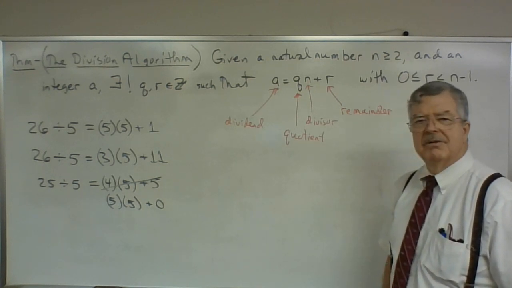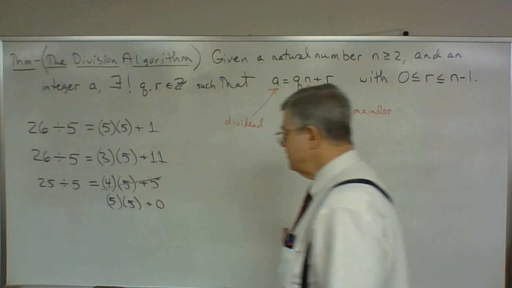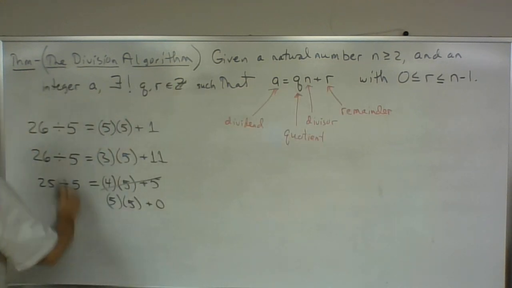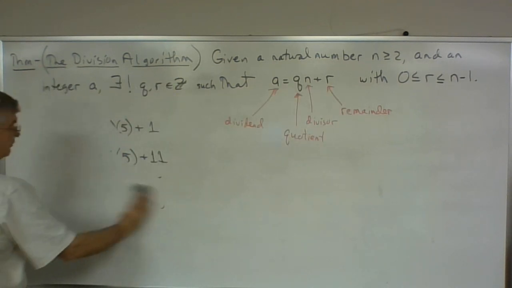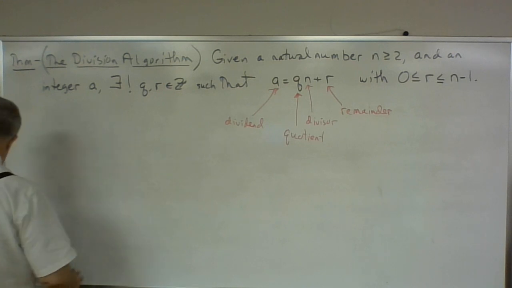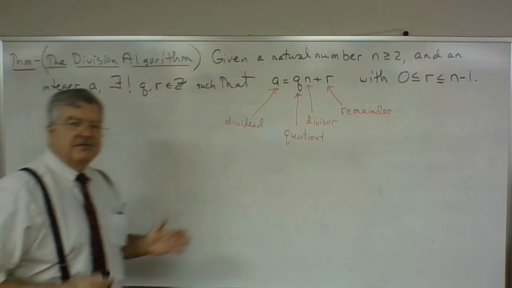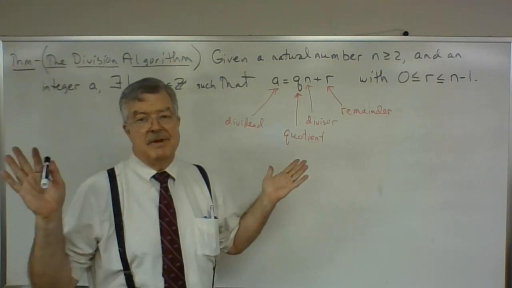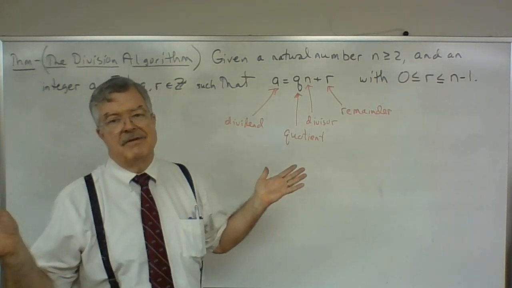So let's take a look at this a little bit more. But we're not going to belabor this point too much. This is essentially correct division as we've been taught to do it since we were 7 years old.